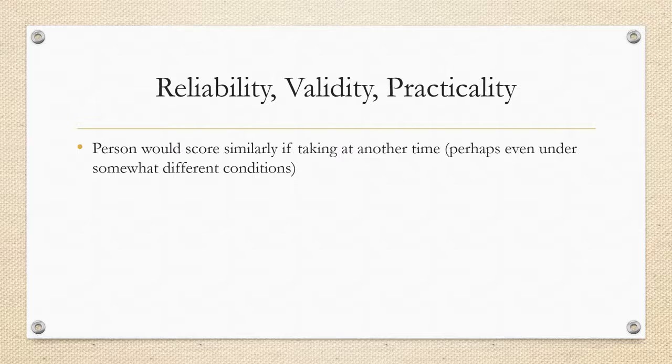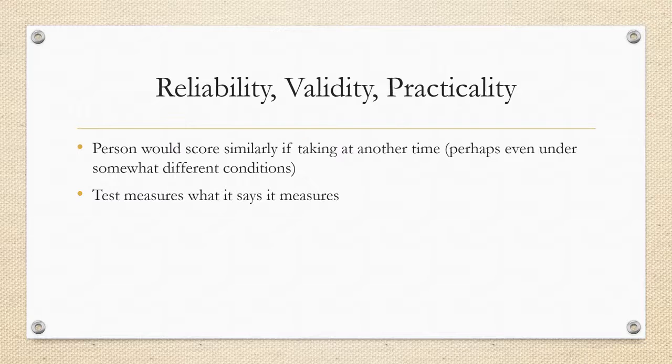Maybe the essay question on one test is kind of easy for people to tackle because it's really logical and it progresses easily. And then the essay topic on the next test is more challenging because it's vague or something like that. And then suddenly you have students getting very different scores, very different displays of their knowledge. So that has to do with reliability.